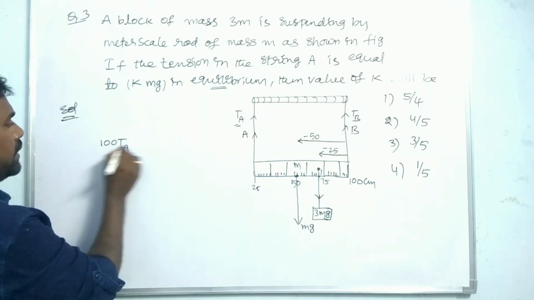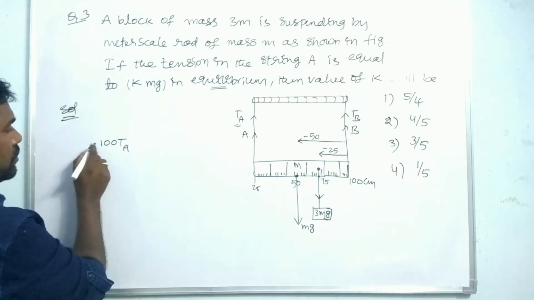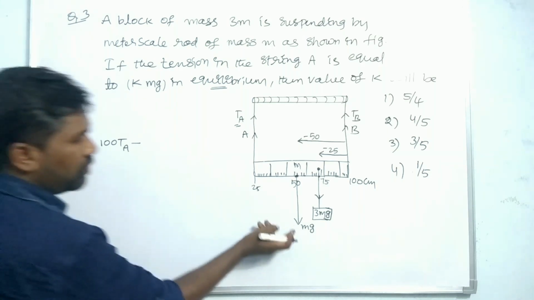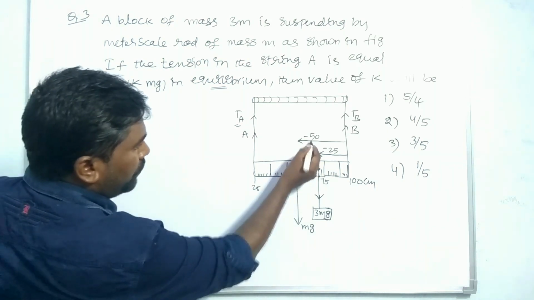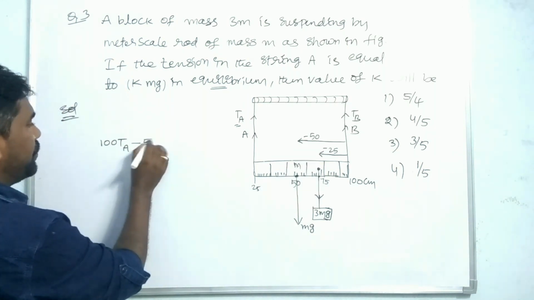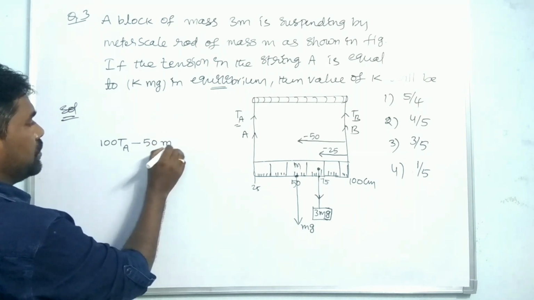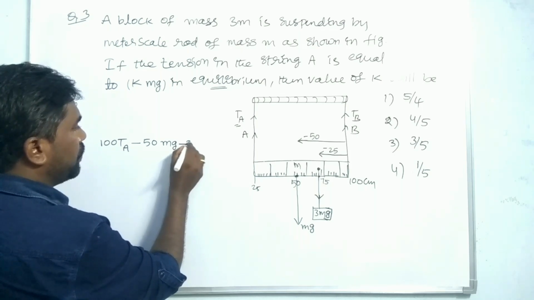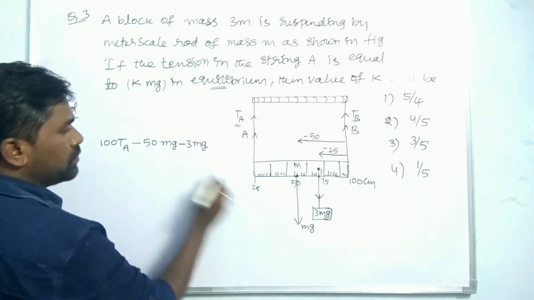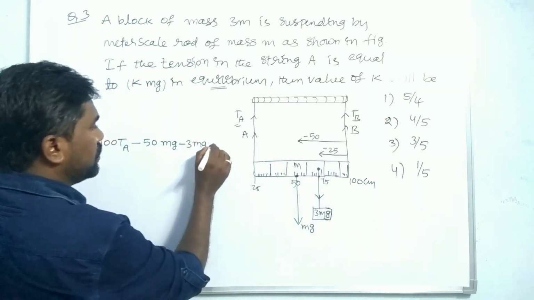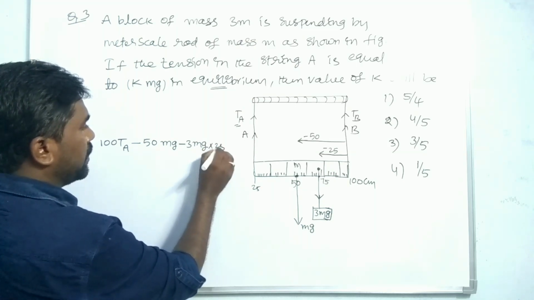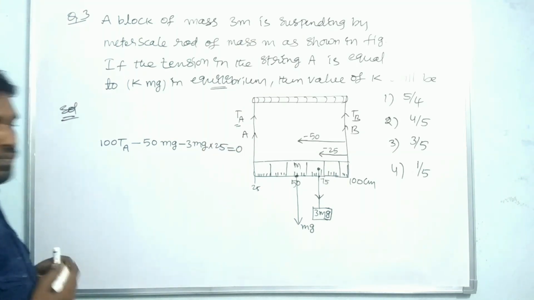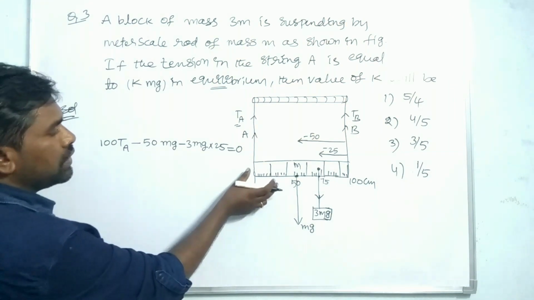Therefore 100 TA, which is upward, we take as positive. Downwards is 50 into mg, and the other is 3mg into 25. Total is equal to 0, because this is in equilibrium.